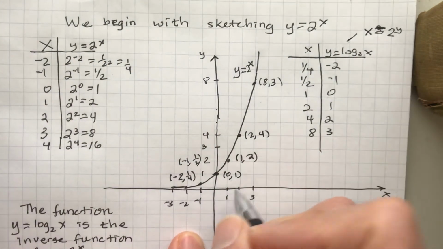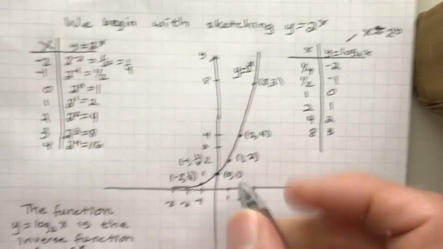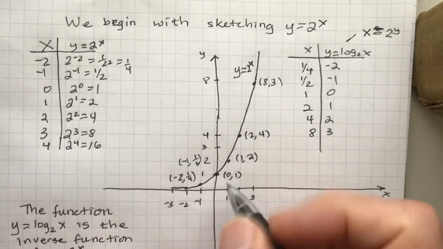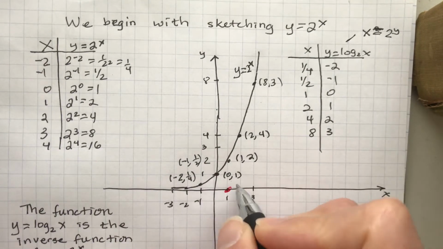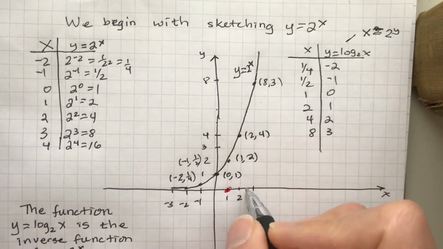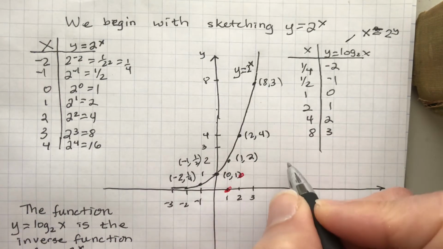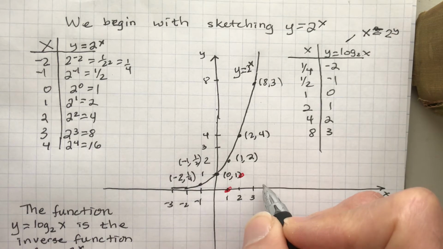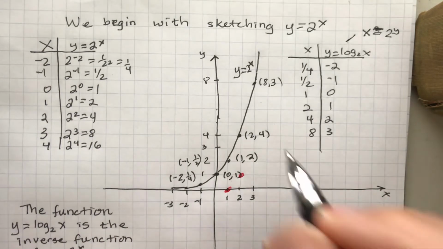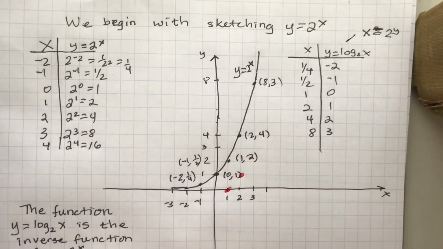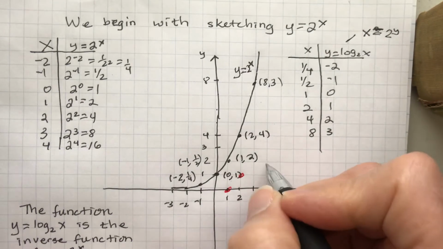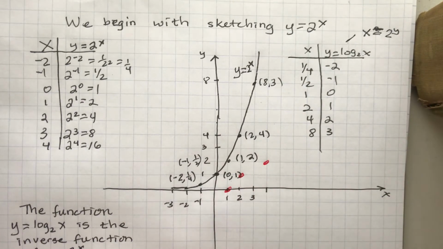So then when you plot points, maybe I'll use red this time, I change the coordinates. So I have 1, 0, 2, 1, 4, 2, and 8, 3.